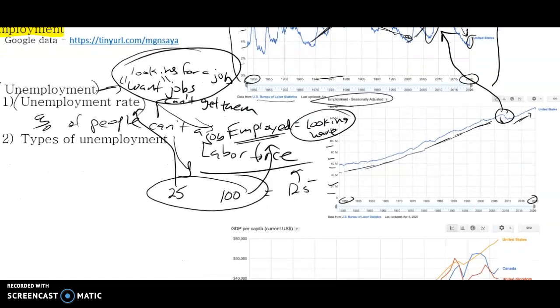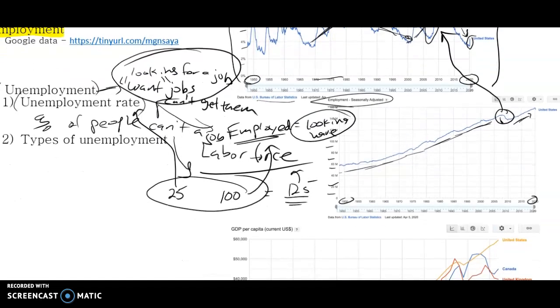So there's 125 people total, and of those 125 people, 25 of them can't get a job. So 25 out of 125 are unemployed. And so that would equate to something like 1/5 or 20% unemployment.